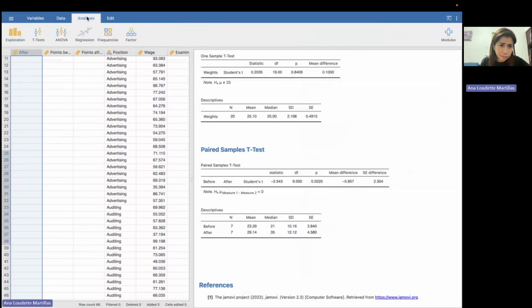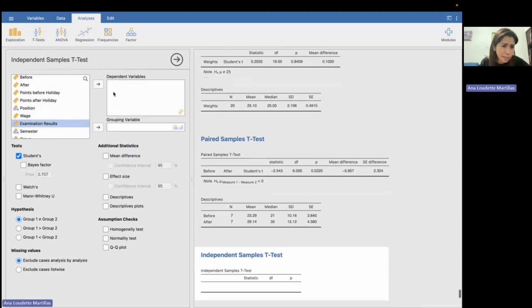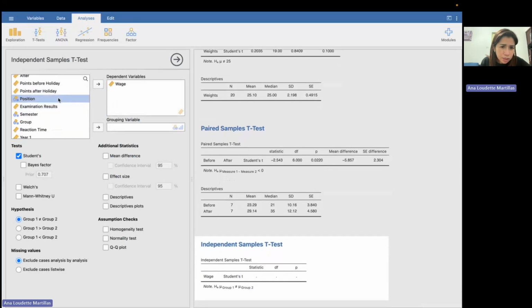Then let's click Analysis, select t-test, click Independent Samples t-test. Then let's move wage to dependent variable and position to the grouping variable.